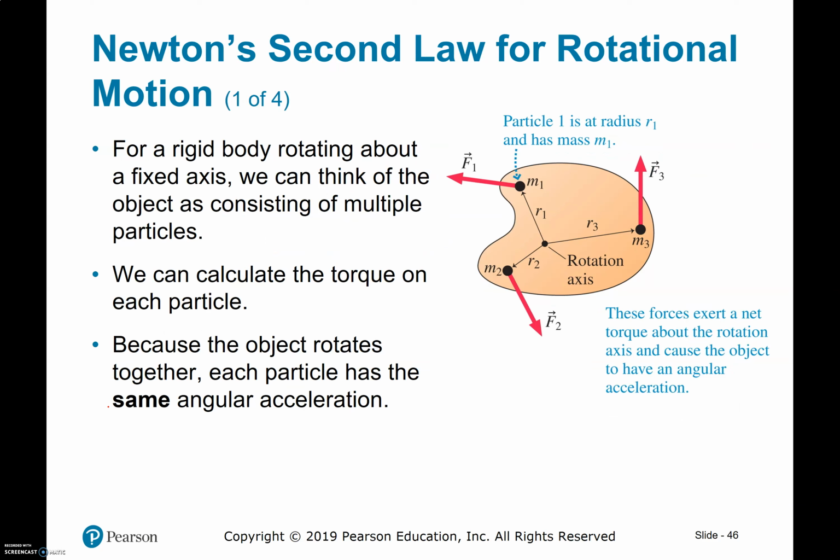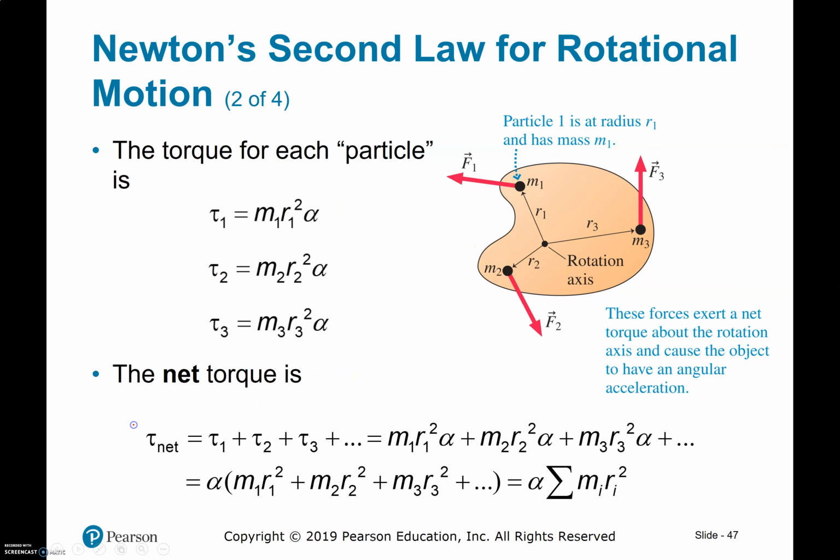So if we have a rigid body with many forces being applied, then we can write the same equation for the rigid body, right? So we can think of the body as made up of little masses, right? So this body is rotating about this point, and then each mass has a torque, right? And then we can write using that equation that we have there, alpha is equal to torque divided by mr squared.